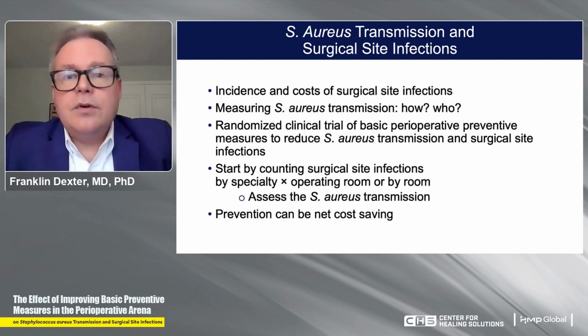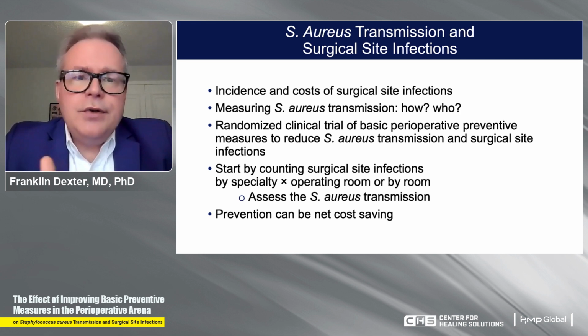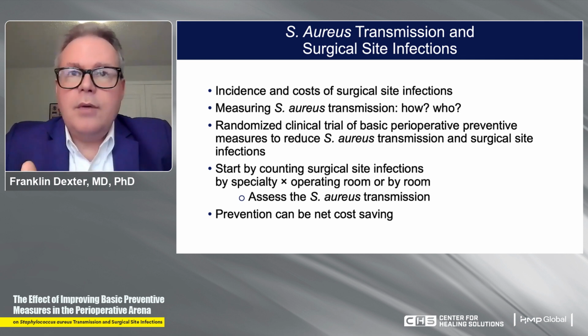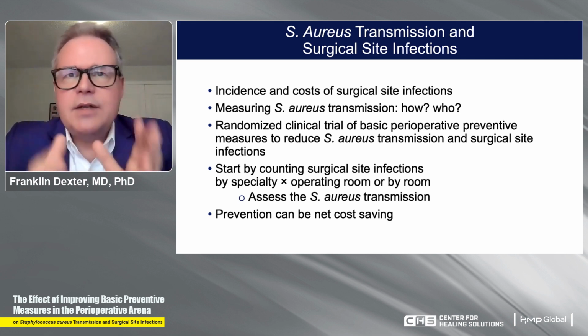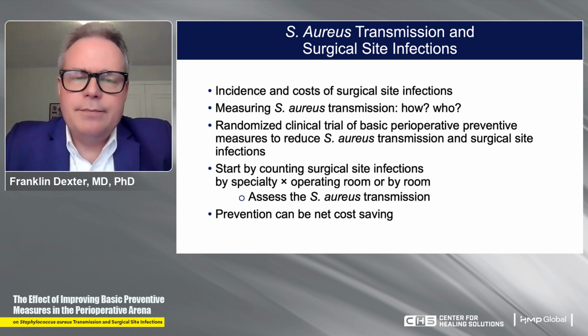What else is a typical thing? Suppose you're going to monitor Staph aureus transmission. Where do these swabs come from? These are special types of swabs for sampling. The randomized clinical trial used PathTrack, and the company sends everything.